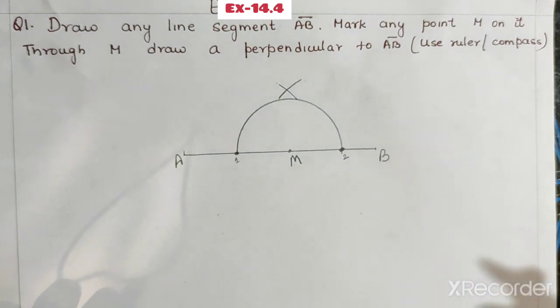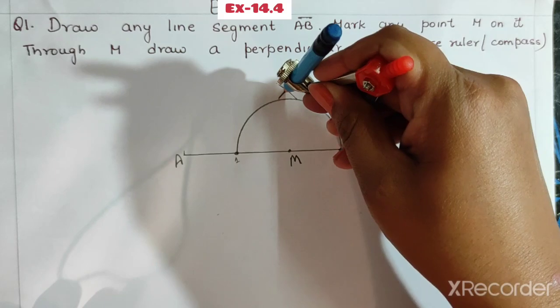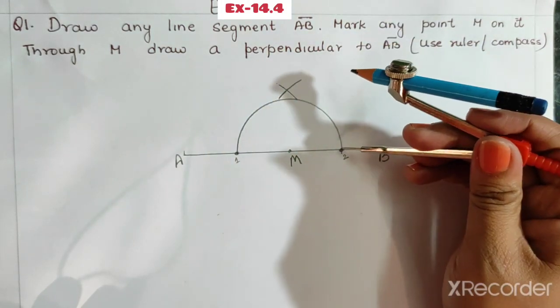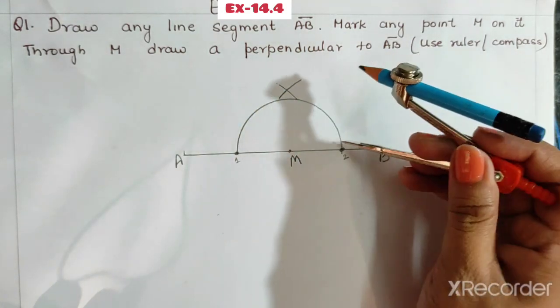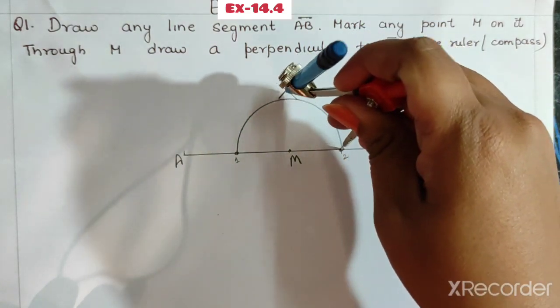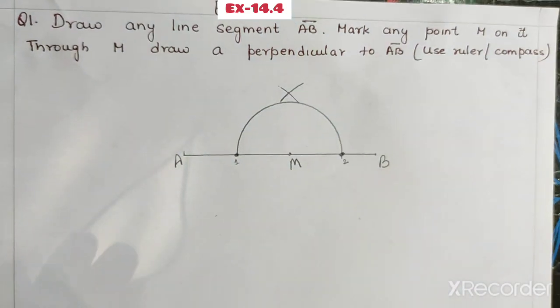Then I opened my compass randomly, more than that, but with the same length I have drawn the 2 arcs from the points where the semicircle has cut the line segment AB, from point number 2 and from point number 1.